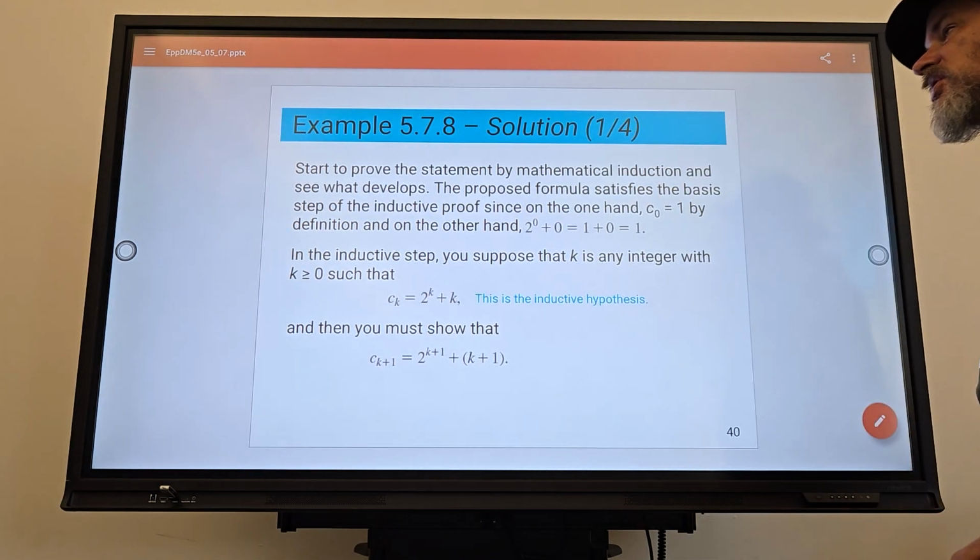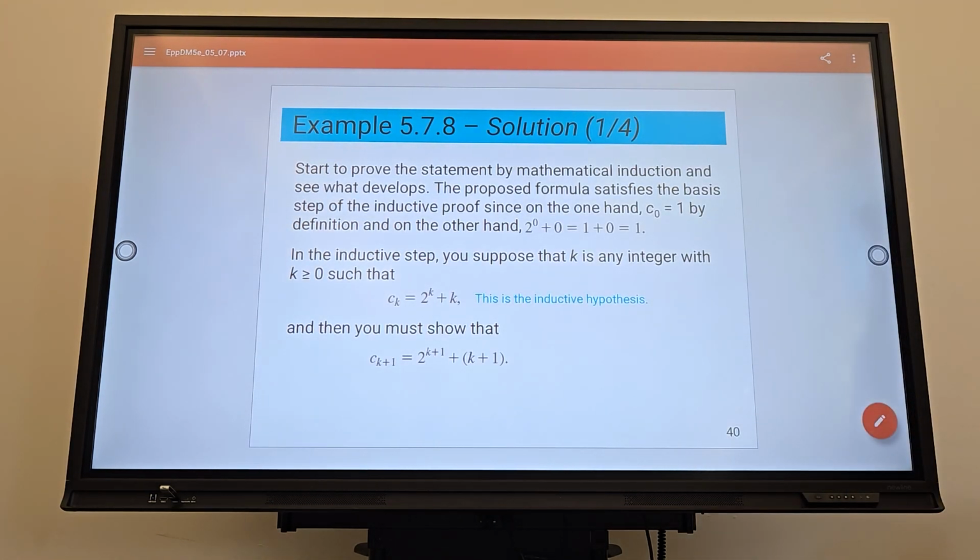Well, start to prove the statement by mathematical induction and see what develops. The proposed formula satisfies the basis step of the inductive proof, since on the one hand, C sub 0 equals 1 by definition, and on the other hand, 2 to the 0th power plus 0 equals 1 plus 0 equals 1.